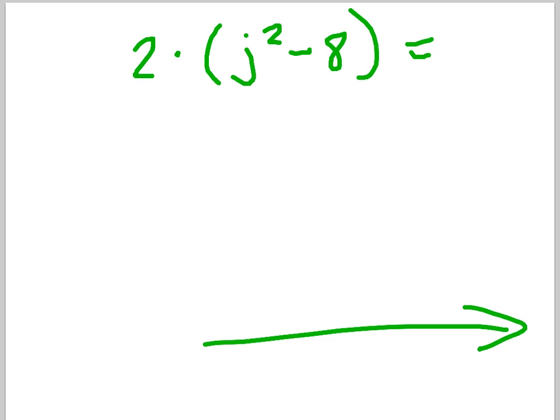And j, we're going to say, is equal to 4. All right. Try that one problem out over there. You better double check it. Make sure that you're following the order of operations there. And submit your answers. And I will see you in the morning.